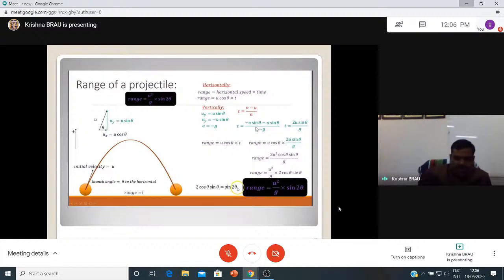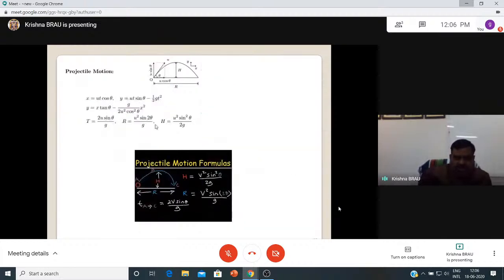That is the range; t we already got, giving 2u square cos theta sin theta over g, that is u square sin 2 theta over g. Now let us see, the same expressions are given here. The xy parabolic equation, in the x direction vt, and this is the parabola, time of flight, range and height.